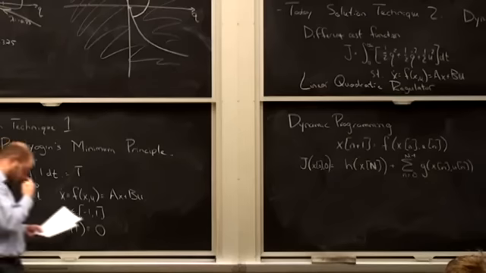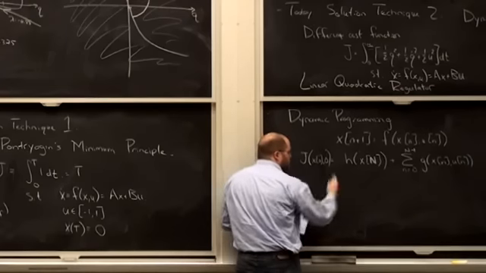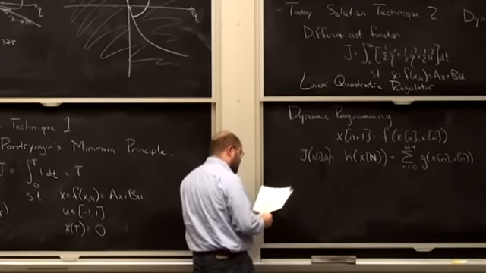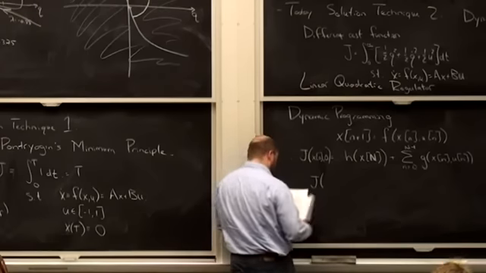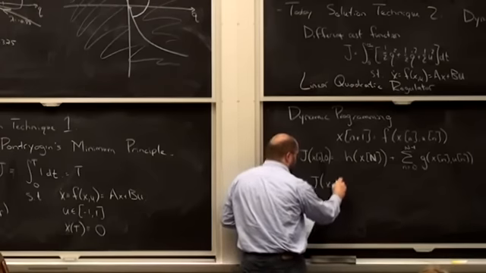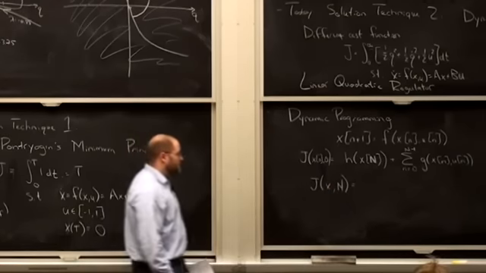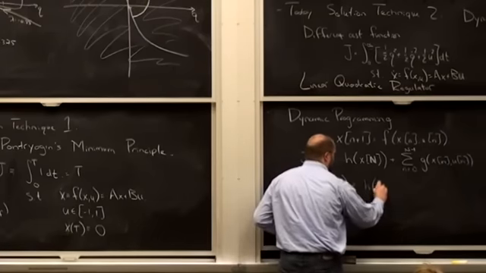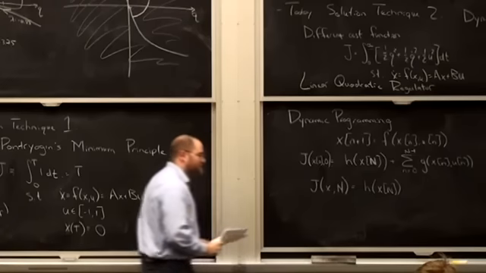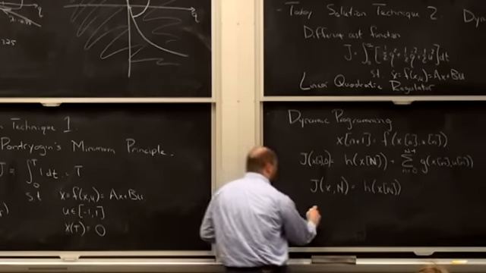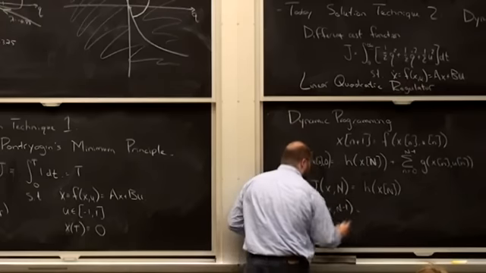And I can compute J of being at x0 at time 0 and incurring the rest of the cost recursively by looking at what it would be like to be at some state x at time N. And that in this case is just h of x of N. And then thinking about what it would be like to be at some J of x at N minus 1, right?